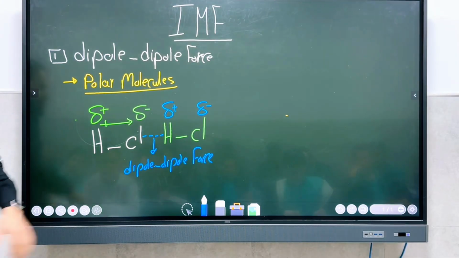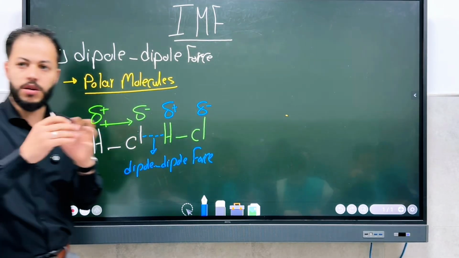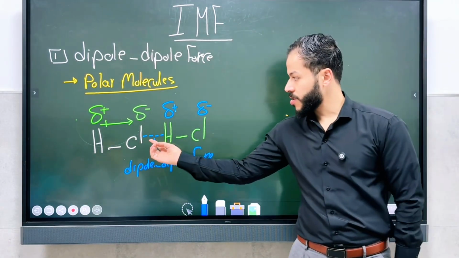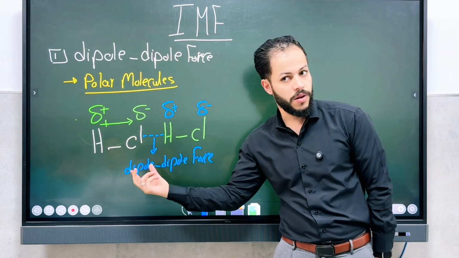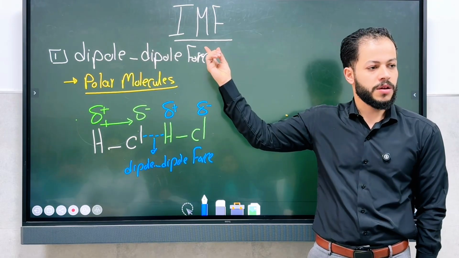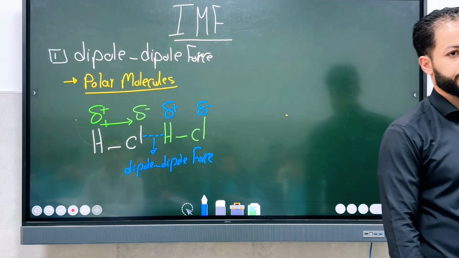The molecules are always in motion, right? The intermolecular forces happen between molecules, that's why we name them intermolecular forces, right? So this is the first type, dipole force.